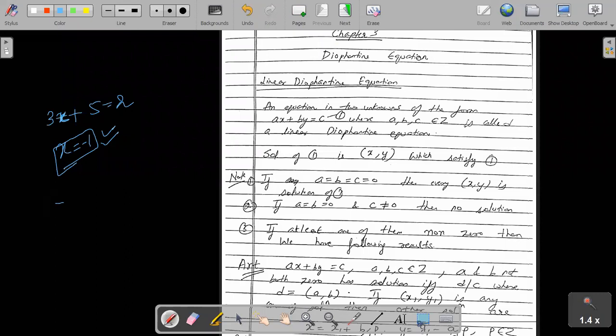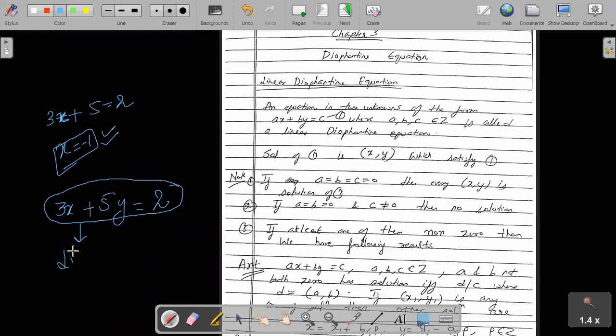Then if I consider this equation, 3x plus 5y is equal to 2, now this is an equation with two variables x and y. The power of x is 1 and the power of y is also 1. So this is a linear equation in x and y.